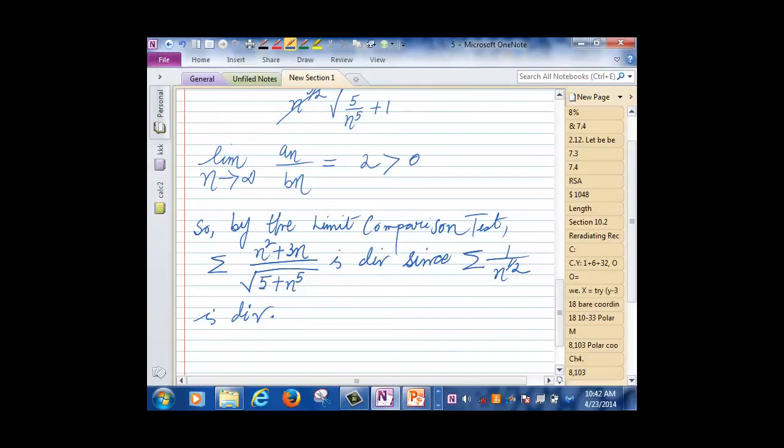So once again, I was given a series and I wanted to check whether it is convergent or divergent. What did I do? I first made a guess by simplifying the series.